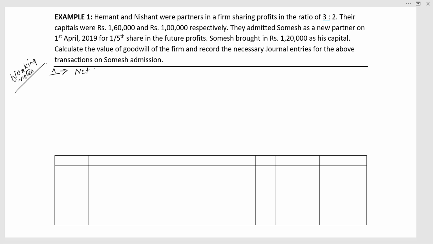Net worth of the firm based on Somesh's capital is equal to the capital which is brought in by Somesh, 1,20,000, multiplied by the reciprocal of his share, which is 5/1. This comes up to rupees 6 lakh.